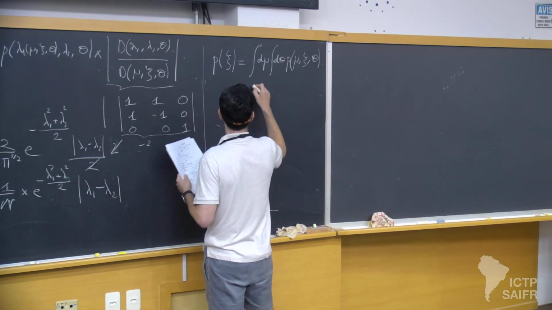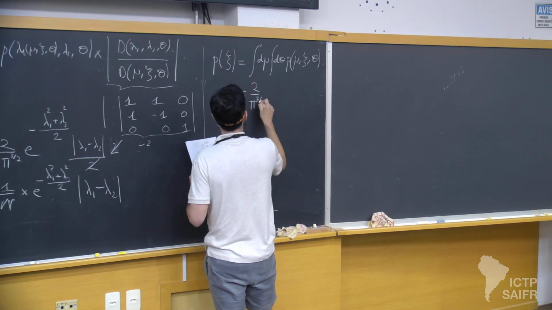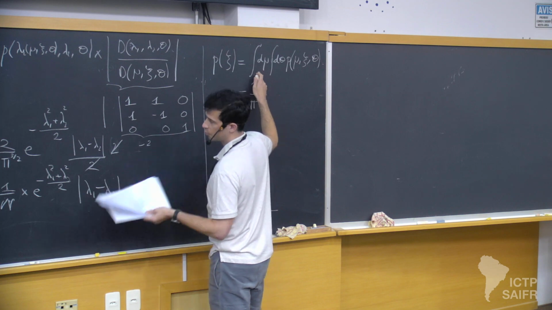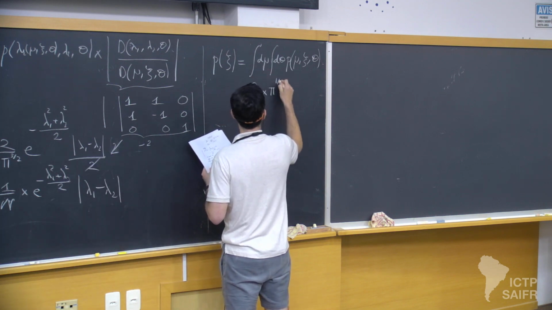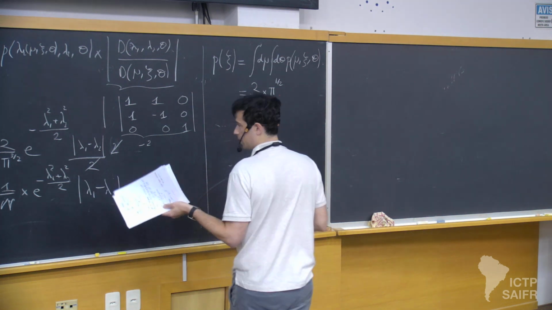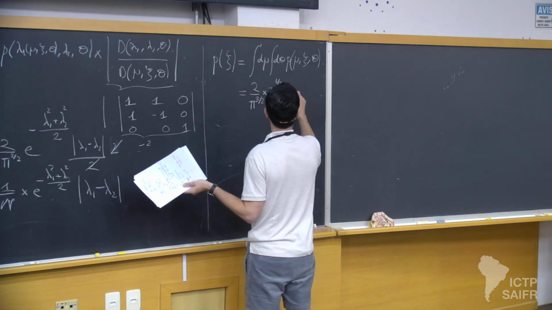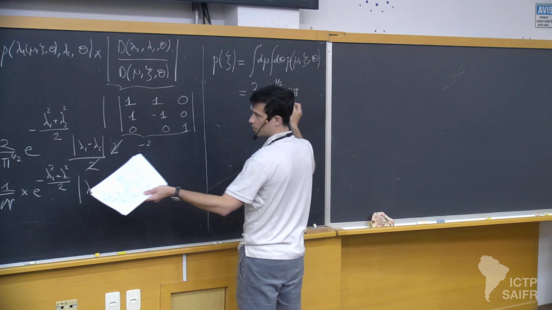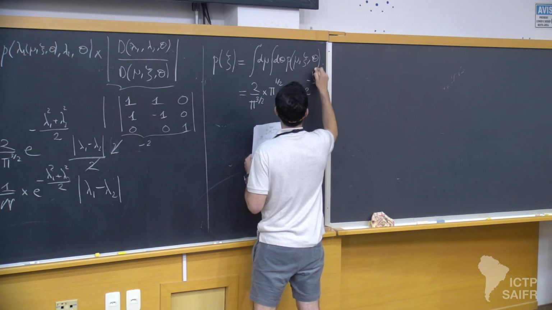Anyway, you would get 2 over pi to the power 3/2 times the integral over mu, which, as I said, is pi to the power 1/2. And then you have the integral over theta, which is, again, here just 2 pi. And then what's left is just the psi square term.